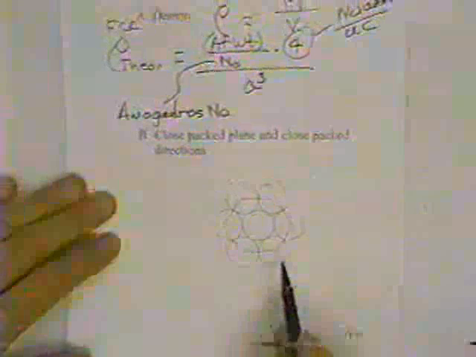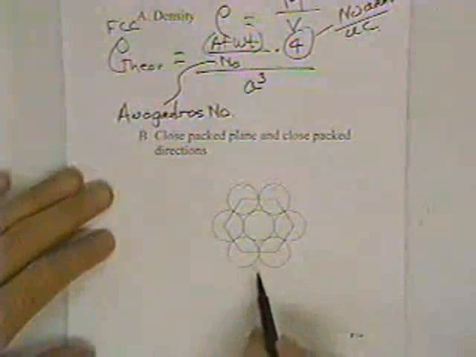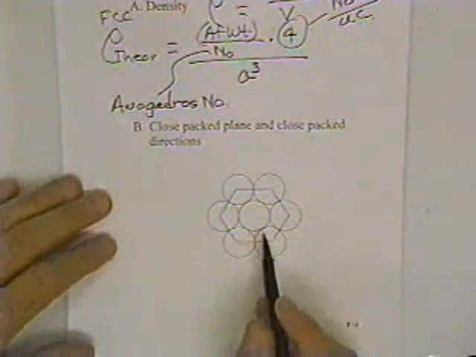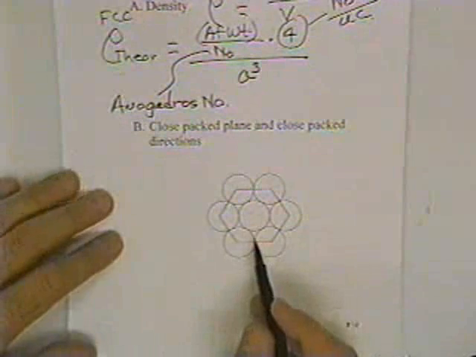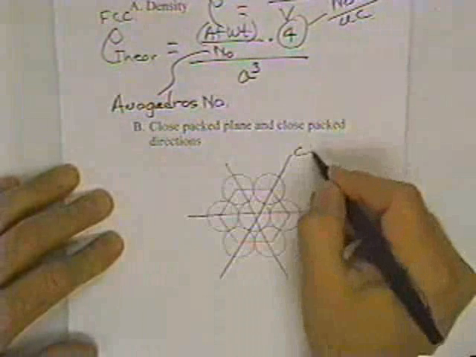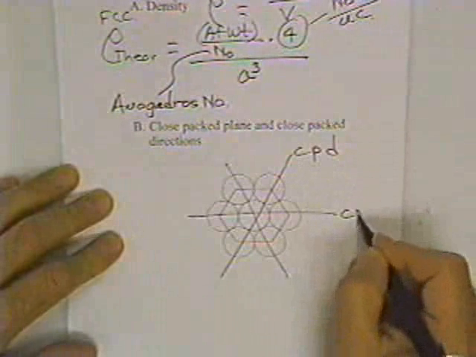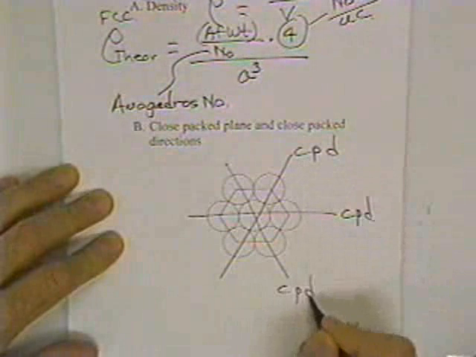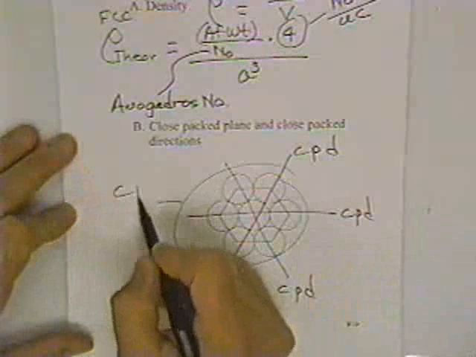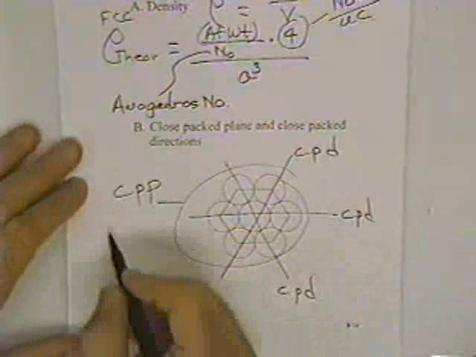If we take a look at a close packed plane and a close packed structure, in a close packed plane, each atom has 6 nearest neighbors. There are 3 close packed directions, close packed direction, close packed direction, and then this corresponds to a close packed plane.